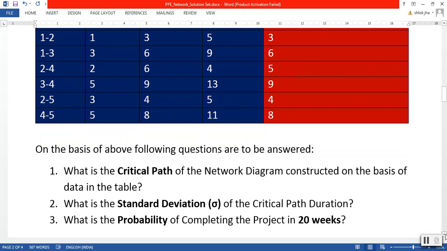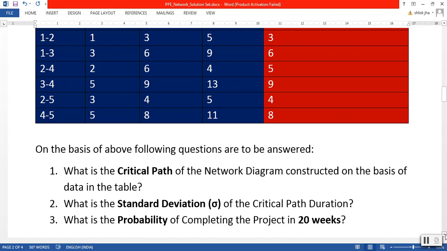First, what is the critical path of the network diagram constructed on the basis of data in the table? Second, what is the standard deviation delta of the critical path duration?